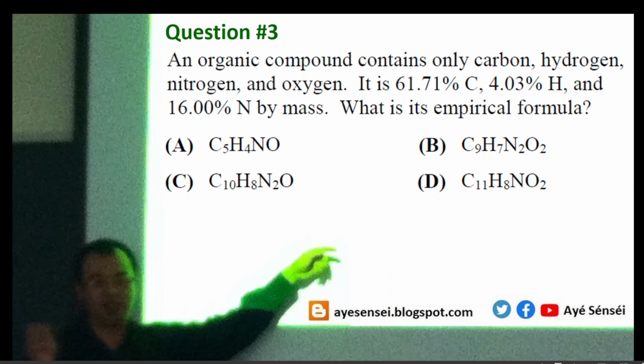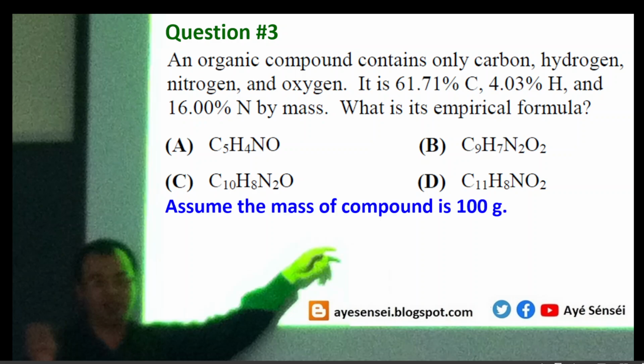To answer this question, it is safe to say that the mass of the compound is 100 grams. Well, this is our assumption. By assuming the mass equals 100 grams, the mass of carbon is 61.7 grams, and the mass of hydrogen is 4.03 grams. Basically we just replace the percentages here with the mass in grams.